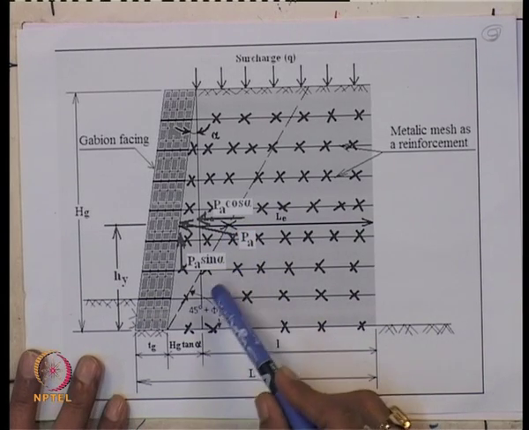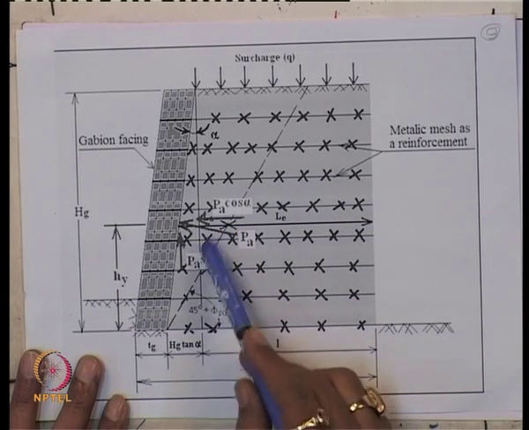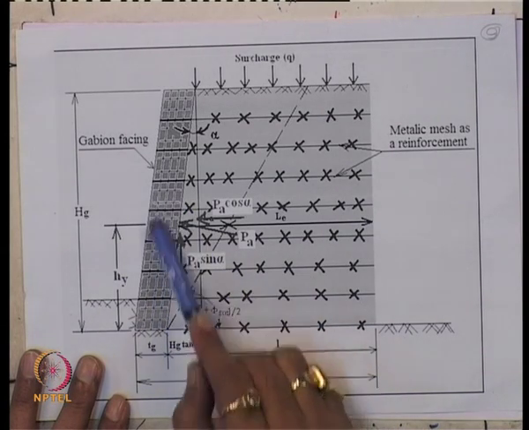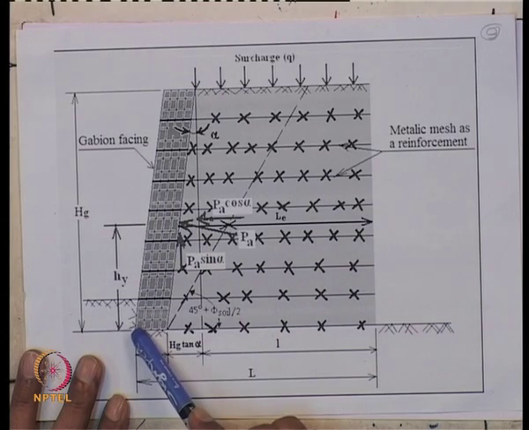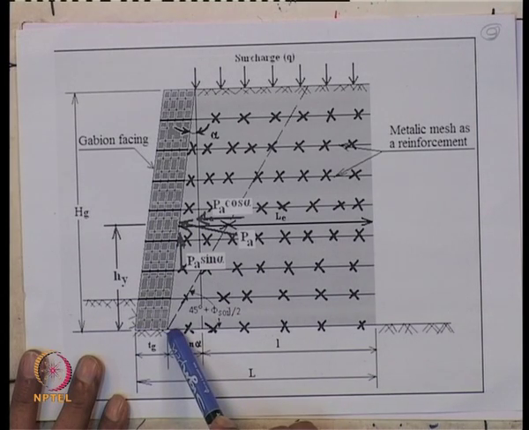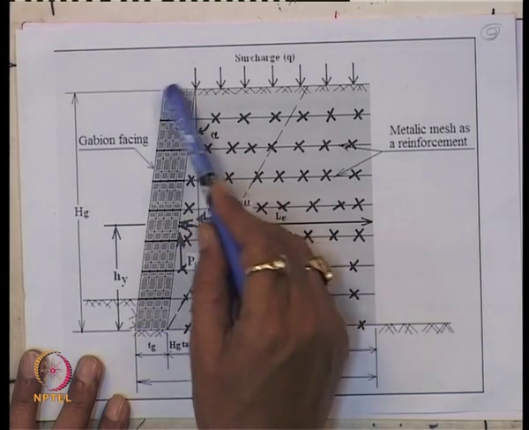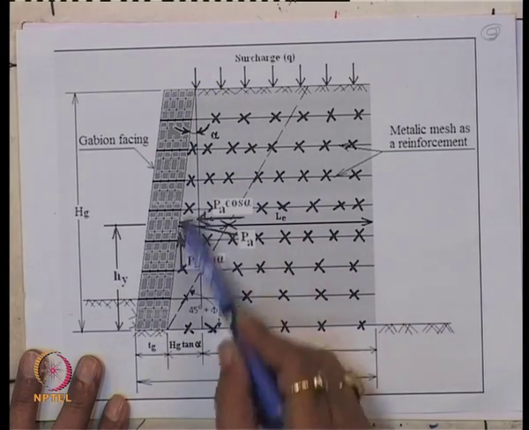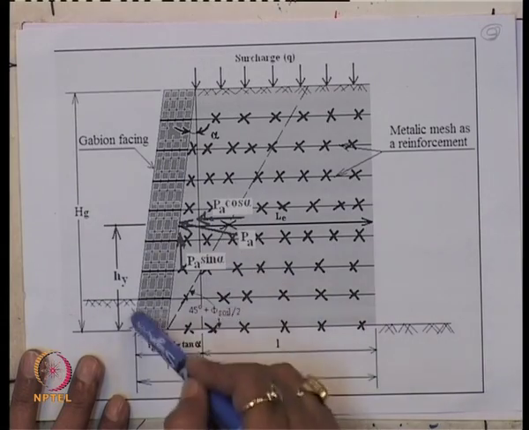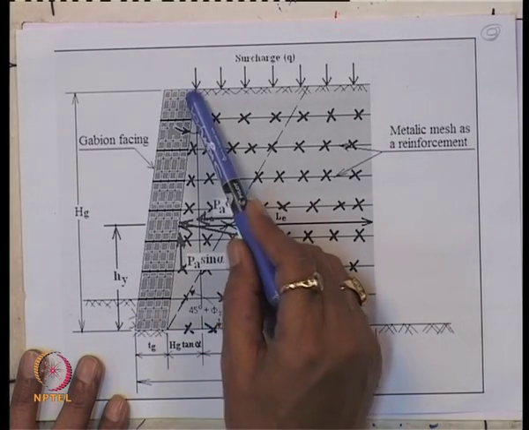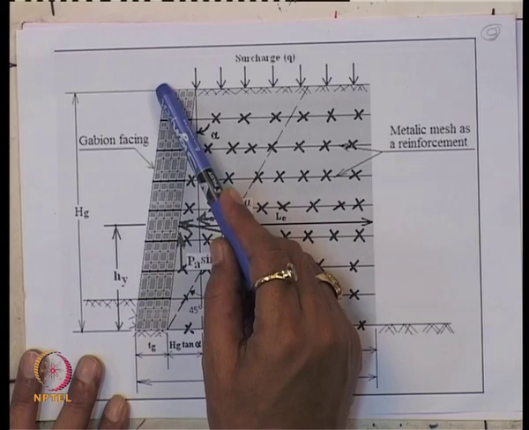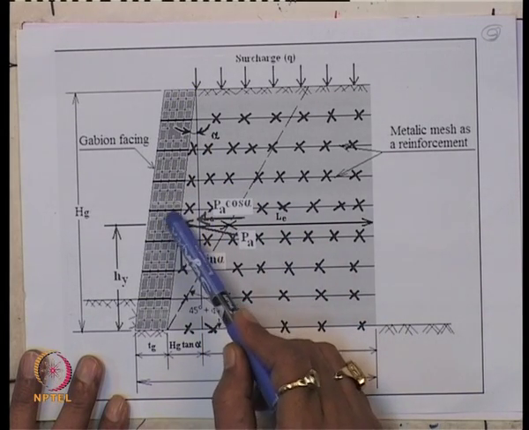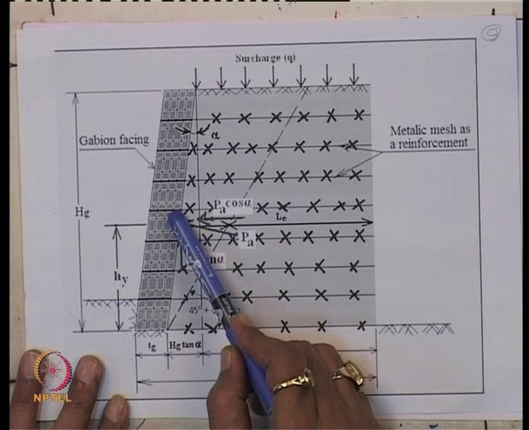And step 3, calculation of weight of the gabion, W of gabion. This is the Tg, and this also Tg, so it is like a trapezoid. That means half into Tg plus Tg, and this height is Hg, and this gamma g is the unit weight of the stone or aggregate.